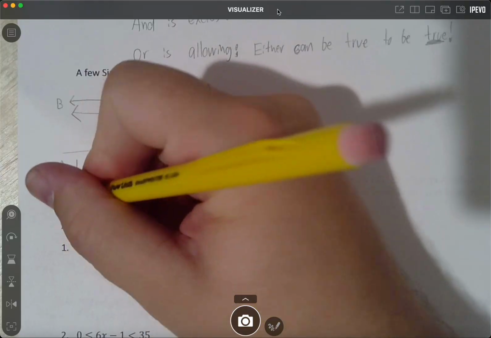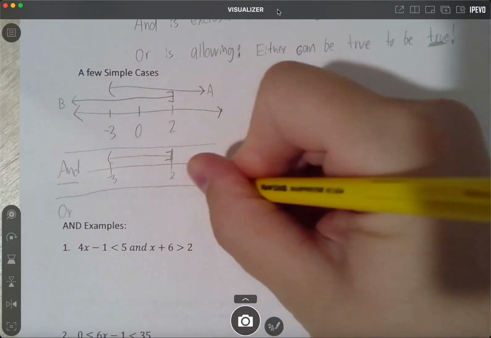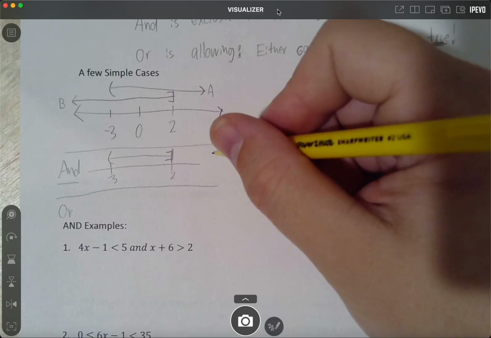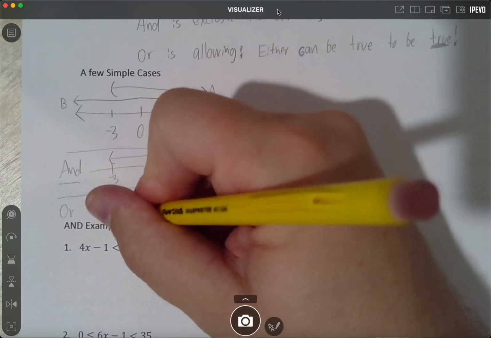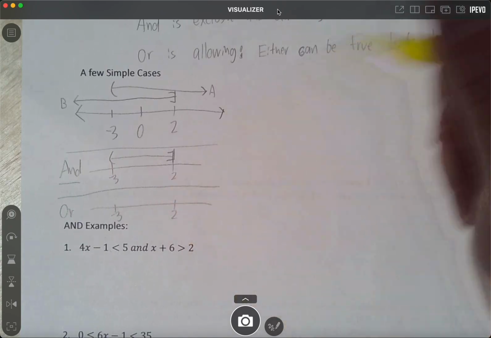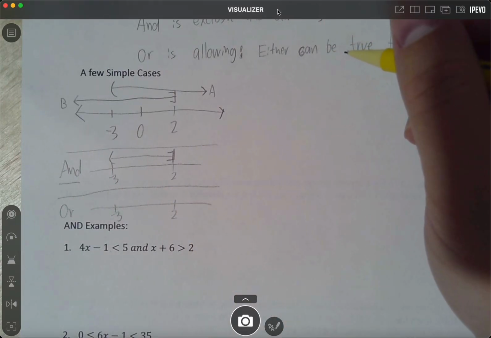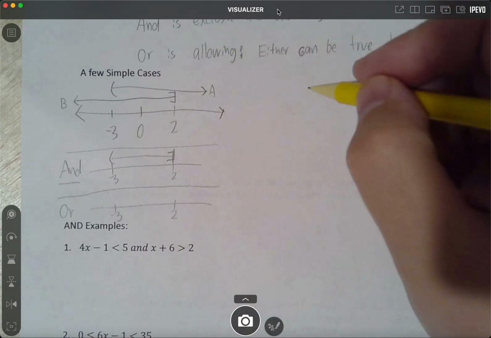Now the or solution, this would be actually kind of interesting, is going to be quite different. Here's -3. Here's 2. I'm running out of space a little bit here, but the or solution is where either of these are true.